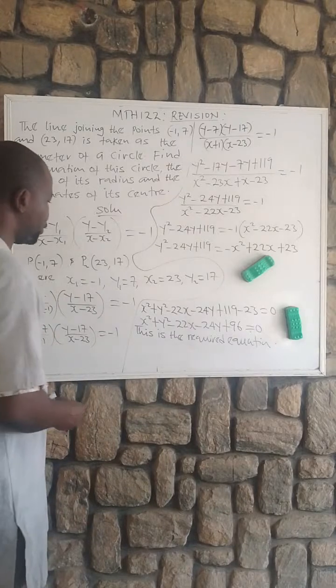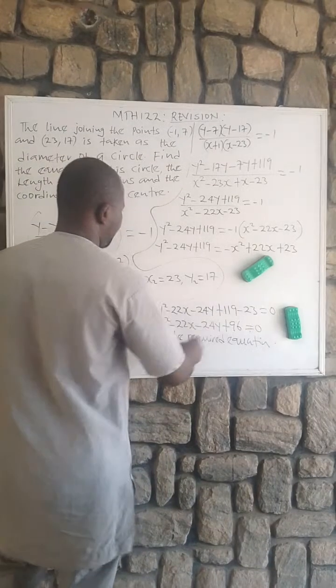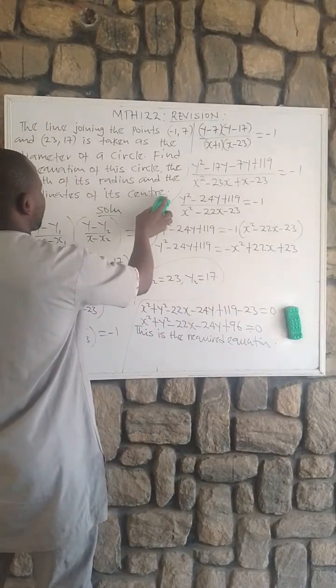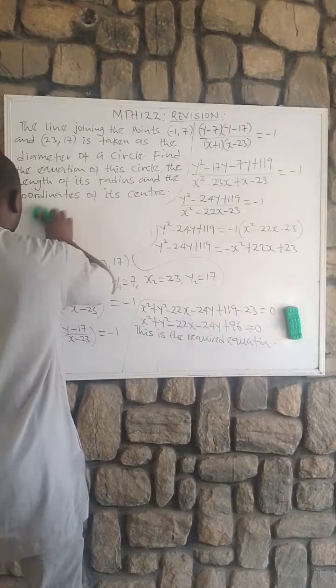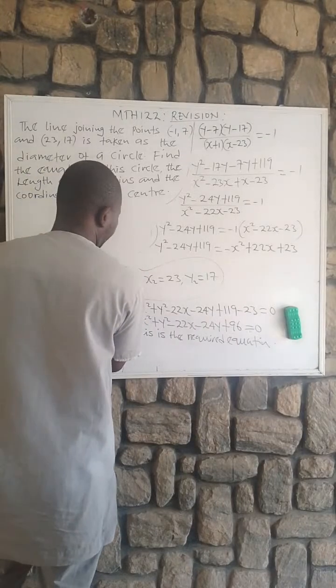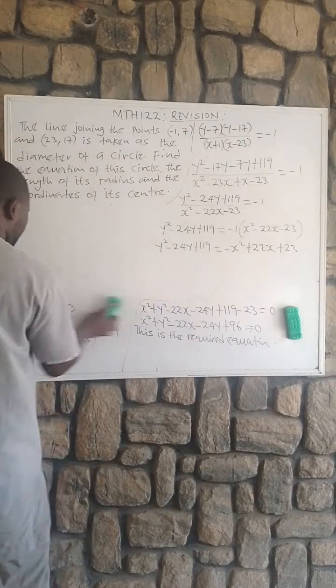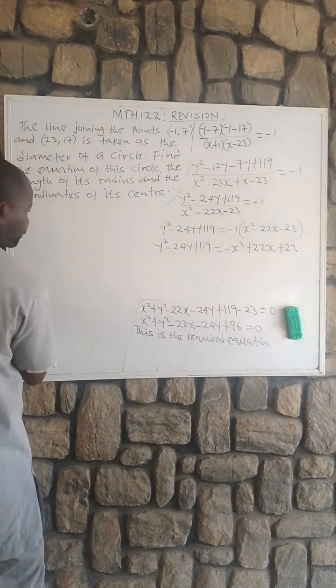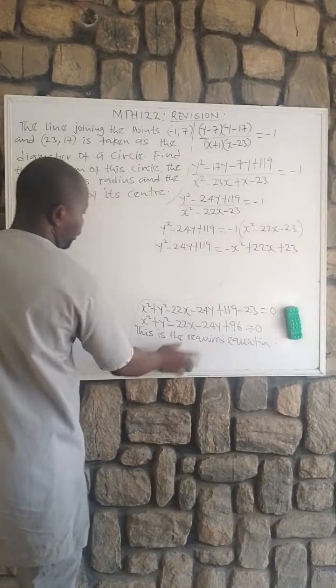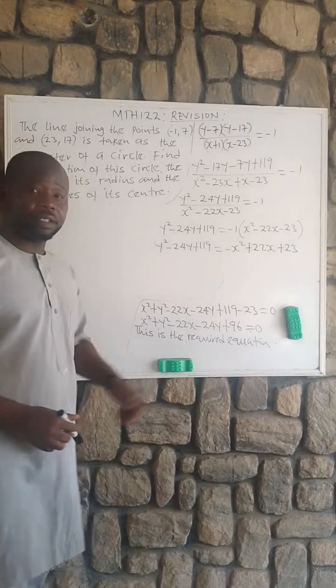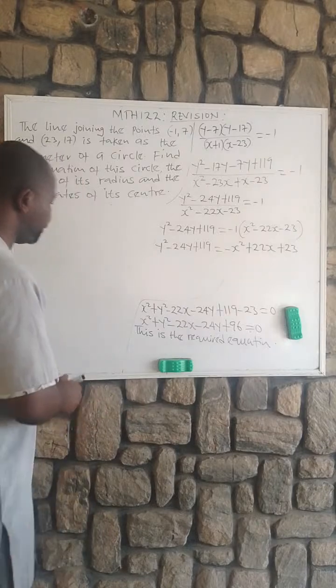So now we are going to use this equation. We use this equation to equate it with the original equation of the circle.